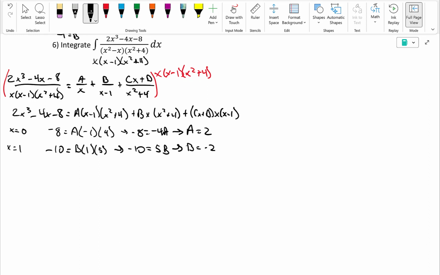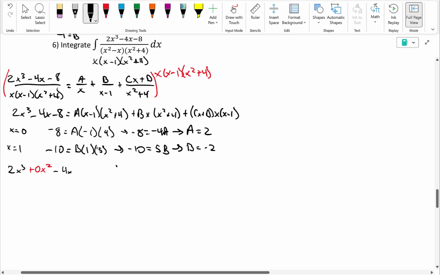All right, and you could start plugging in some other values, but you'd have to plug in a few to get a system. So here we can talk about the system of equations as well. And so if we want to equate coefficients, we've got some more algebra to do over here. 2x cubed, I'll put in a 0x squared, so we can equate the quadratic coefficients.